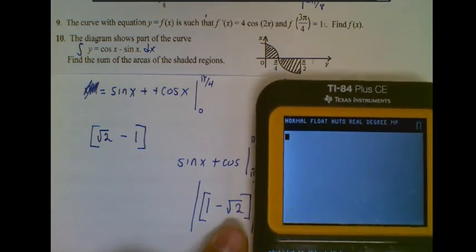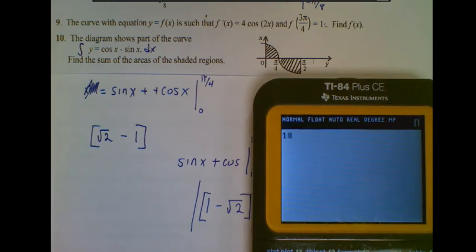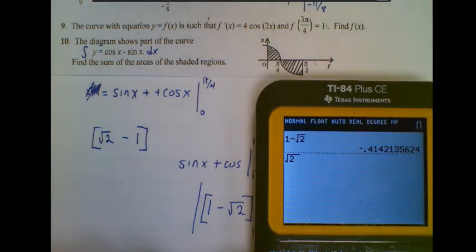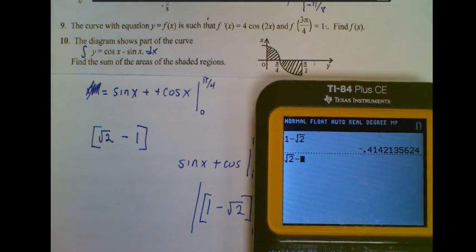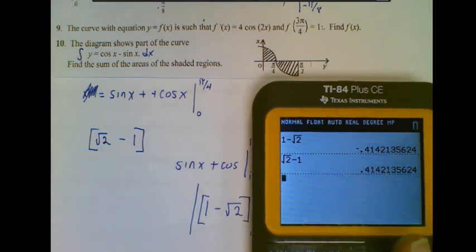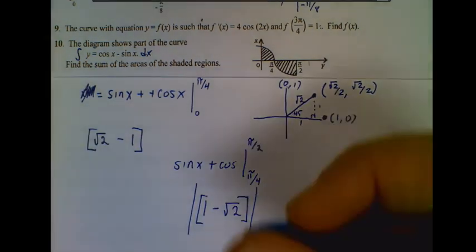And here's how that would work. Notice if I did 1 minus the square root of 2, I get the negative answer, but if I flip them around, there we go. I'm getting the same value, but it's the positive answer. So I'm going to write it as rad 2 minus 1 so that I get the positive version of that.